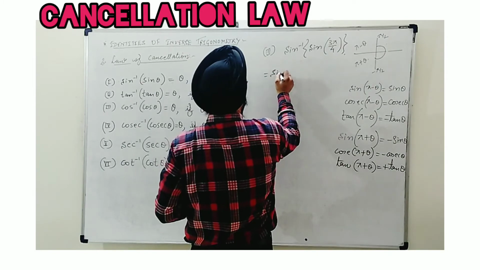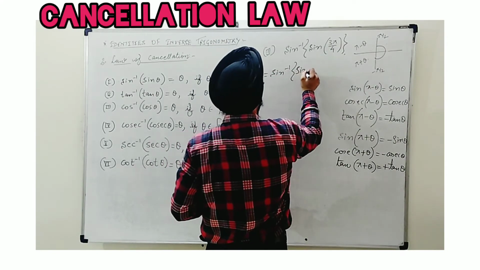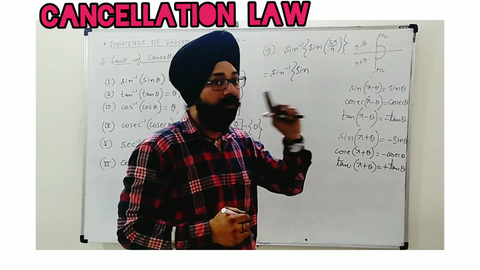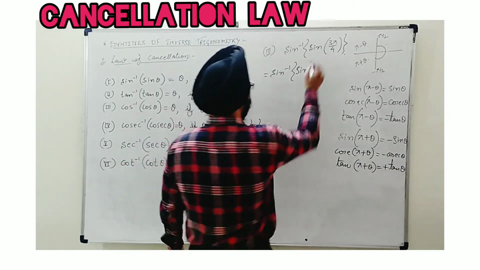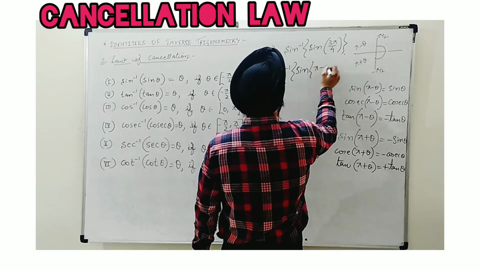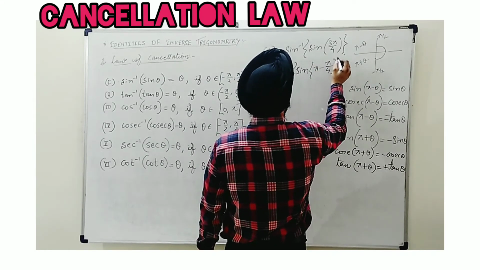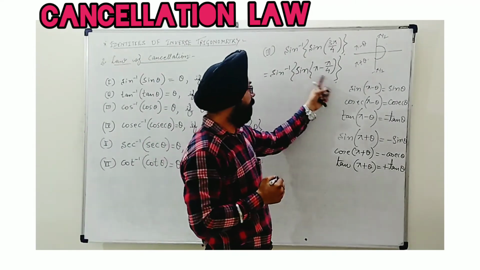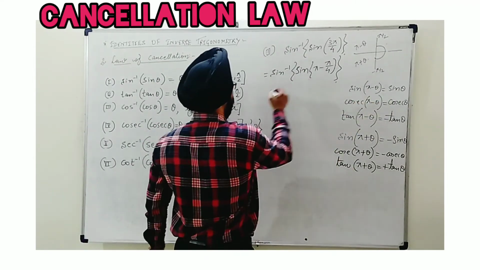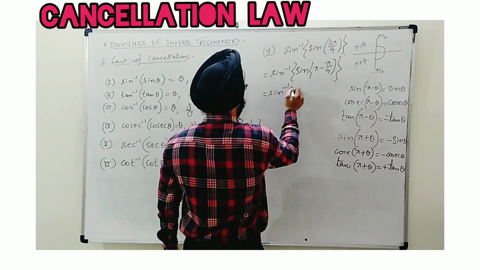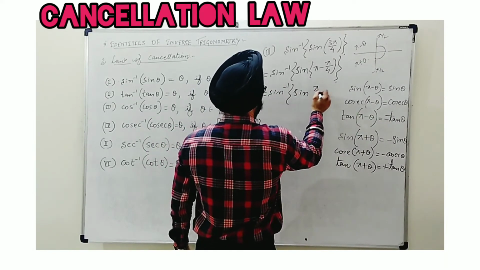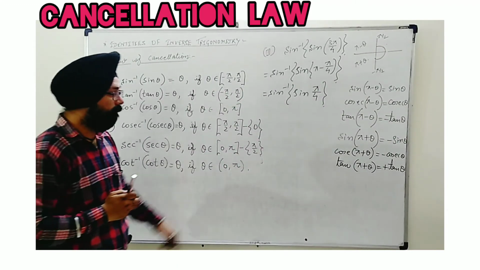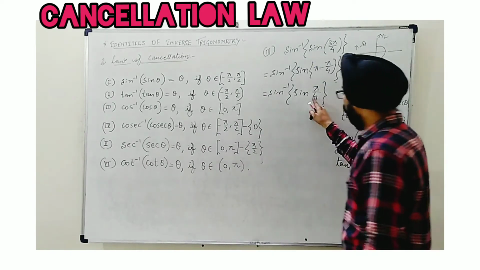We write sine inverse, sine of difference between 3 pi by 4 and pi, means 180 degree and 135 degree, is 45. So we write this as pi minus pi by 4. According to allied angle concept, sin pi minus theta is sin theta. So you can write sine inverse sin theta, we have to take pi by 4.